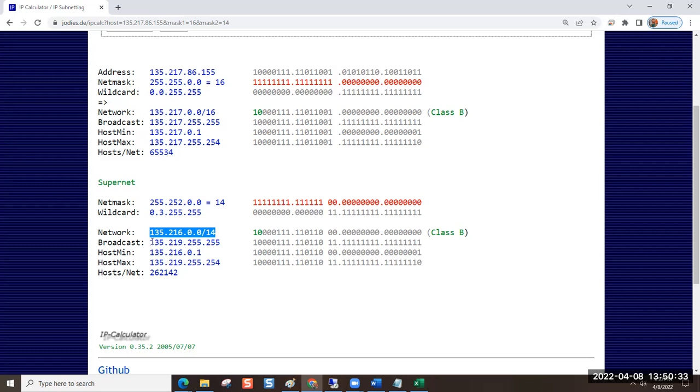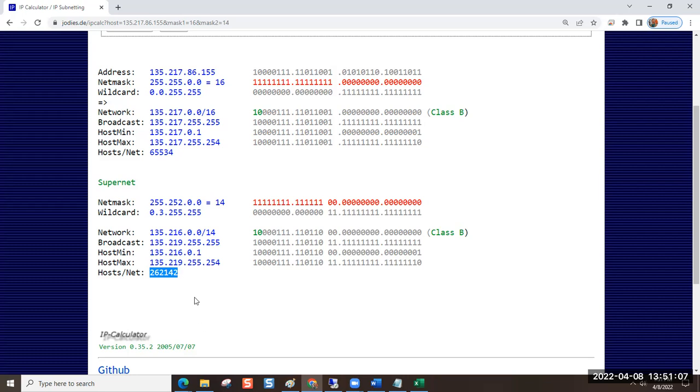The broadcast address is 135.219.255.255. See, that's like 2 more higher than the 217 we started with. Everybody see that? We've quadrupled the size of the network. My gateway address is 135.216.0.1. And I can host 262,142 network hosts.